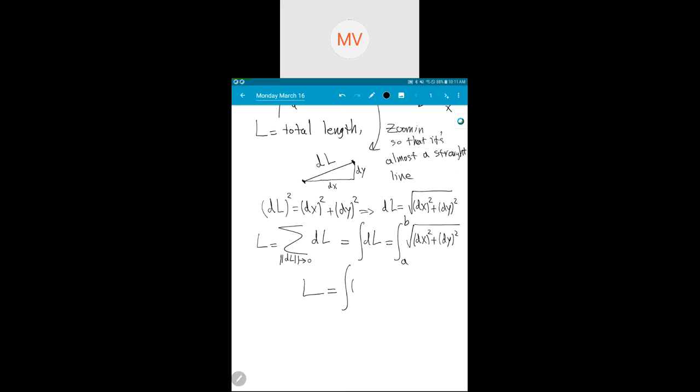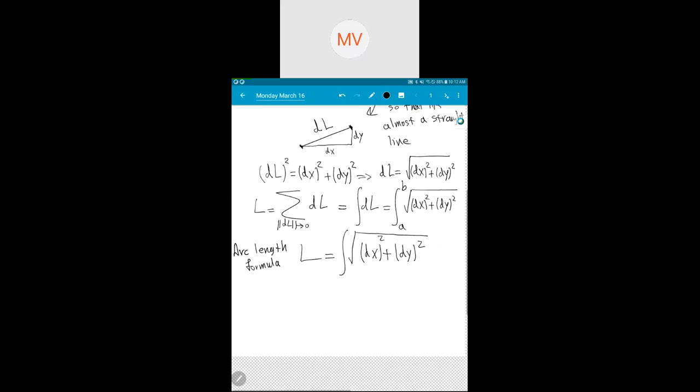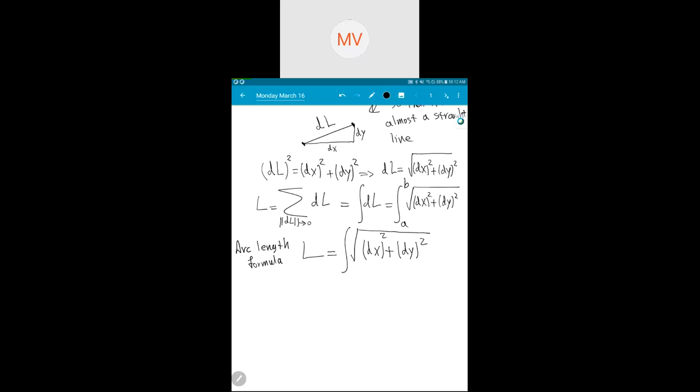That's the reference formula: the square root of dx squared, the change in x squared, plus dy squared, the change in y squared. So that's the arc length formula.